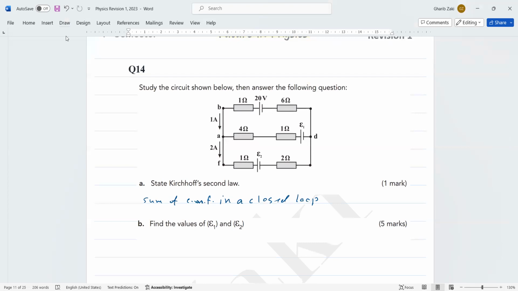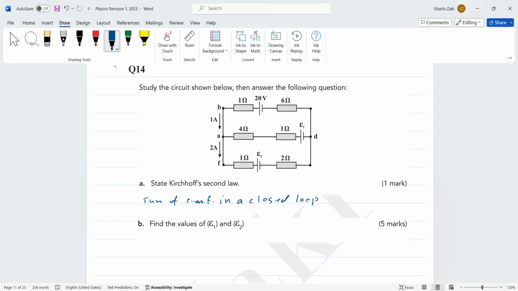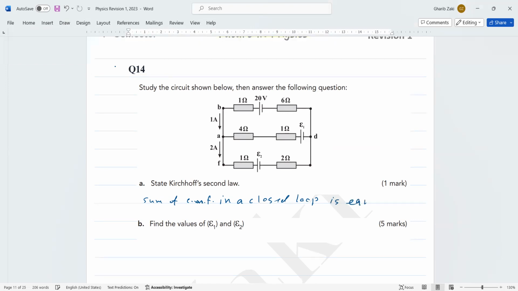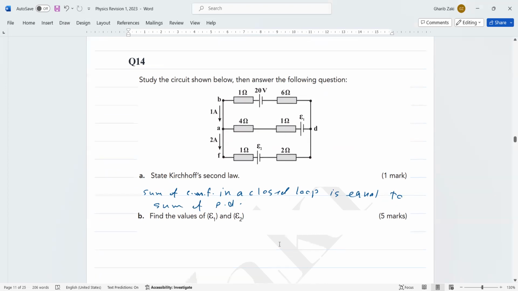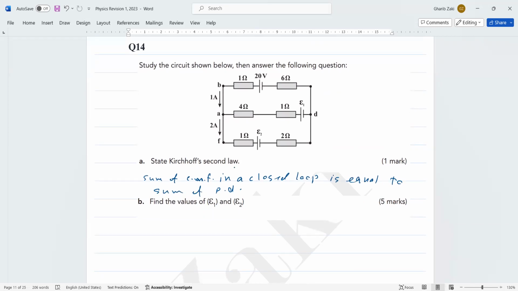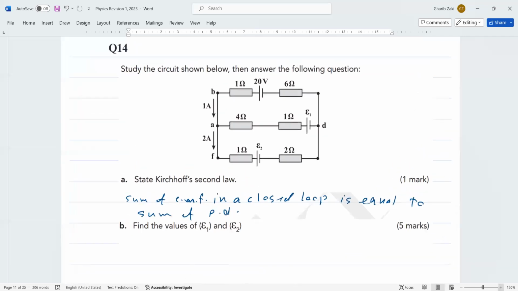Now, we return back here: the sum of EMF in a closed loop is equal to the sum of potential differences. In that question, it said find the value of E1 and E2. First of all, at junction A, we have 2 currents. First step, follow me. How can you solve a Kirchhoff's law question?